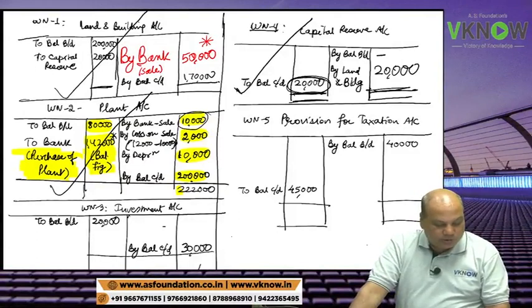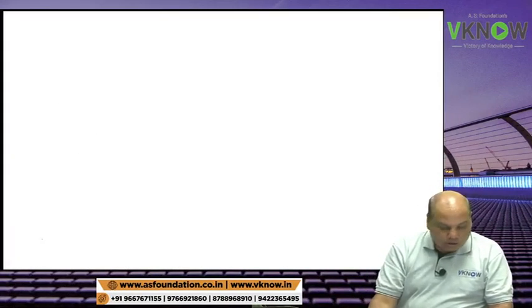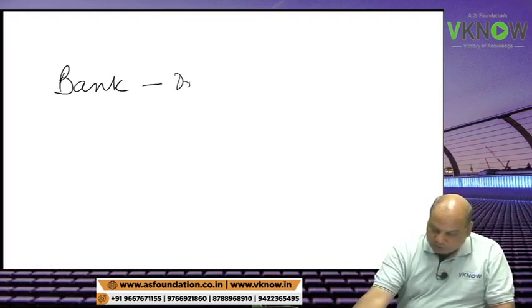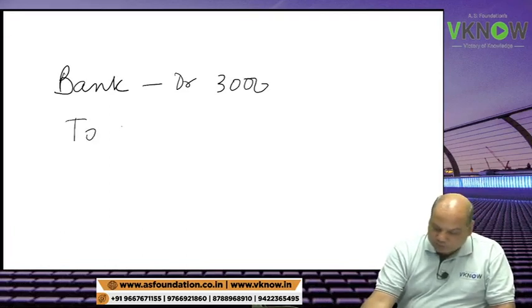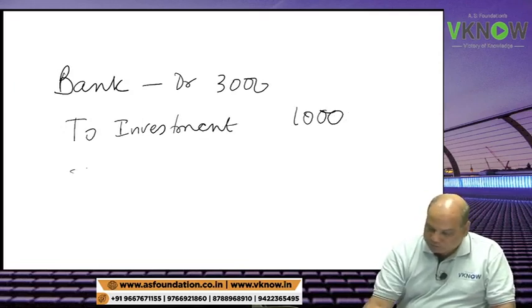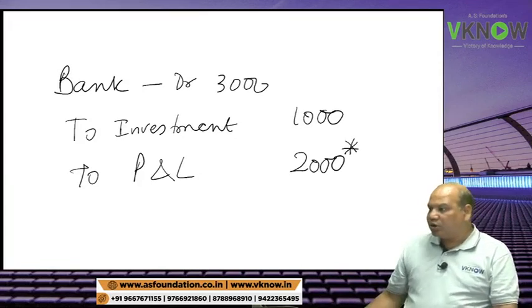Adjustment number 3 says rupees 3,000 by way of dividend is received. So bank account debit 3,000. 1,000 was out of pre-acquisition profit which was credited to investment account, which means the dividend income transferred to P&L account was 2,000.